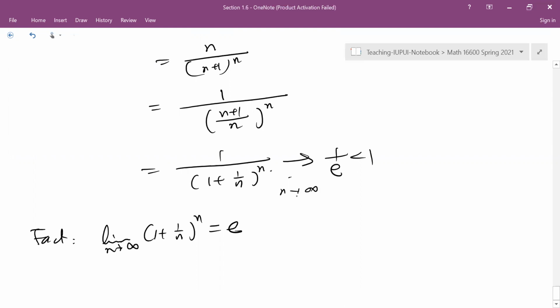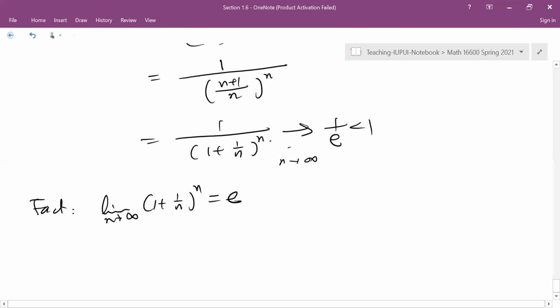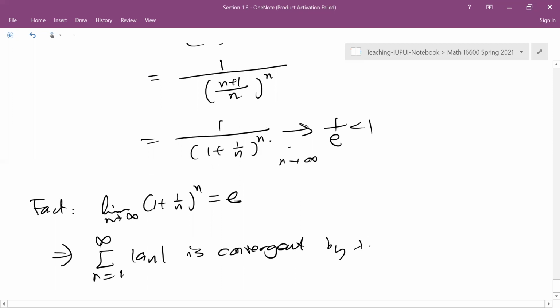So you get a limit, the limit is 1 over e, which is less than 1. So that implies this is convergent by the ratio test.